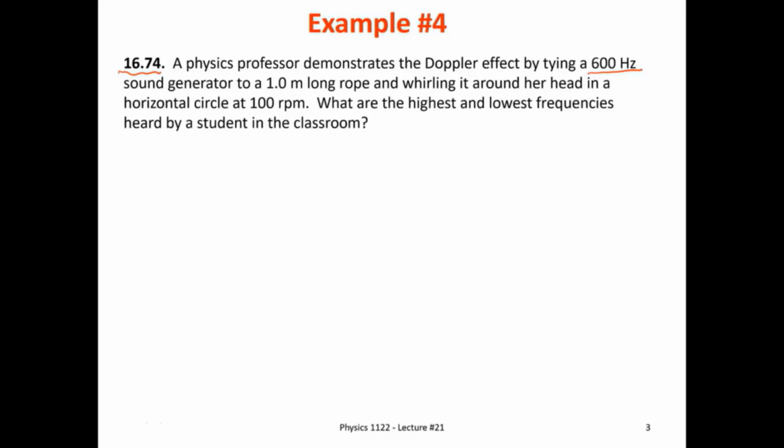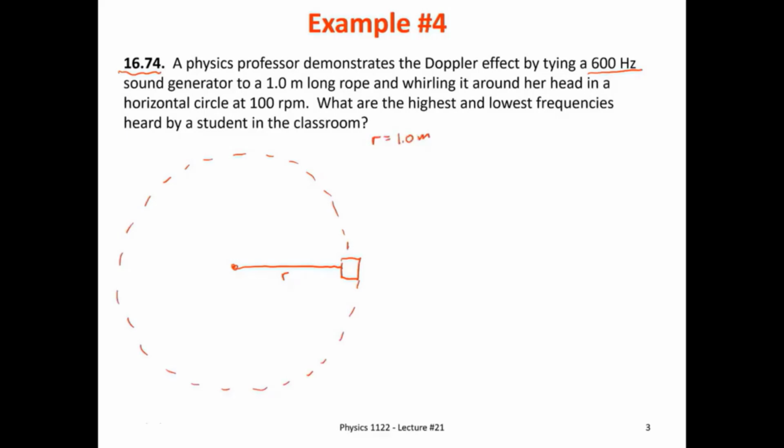So pictorially, we've got a sound box that I'll show in one position here. And this will be a bird's eye view looking down at the sound box. The radius of the circular path is determined by the length of the rope. So R is equal to 1 meter.